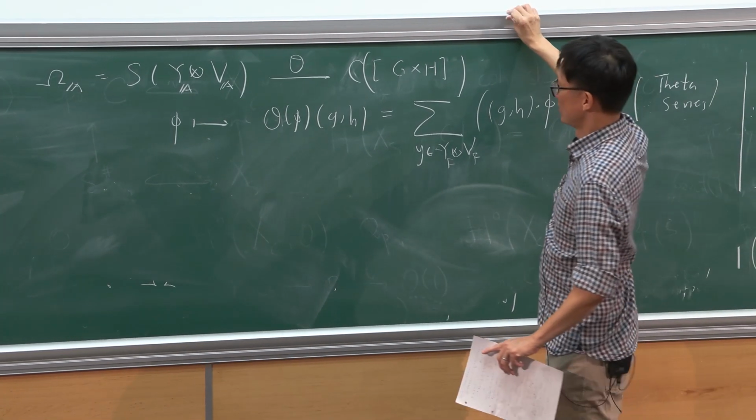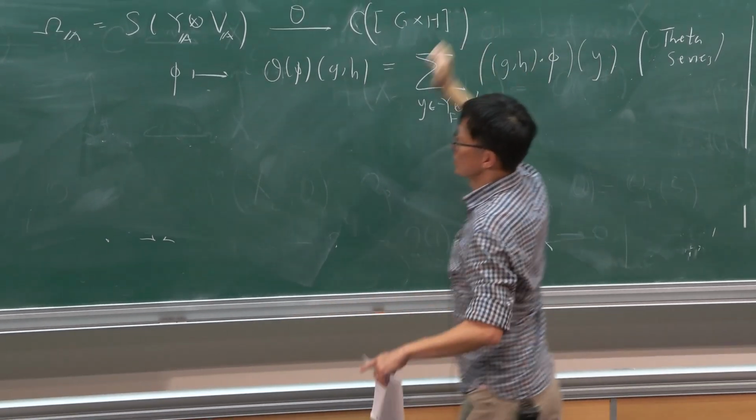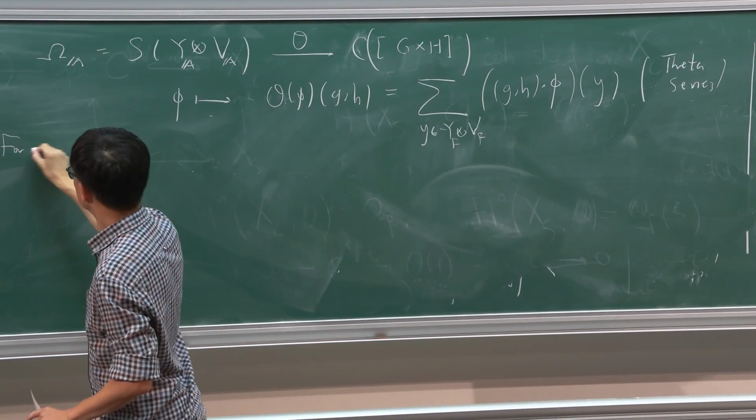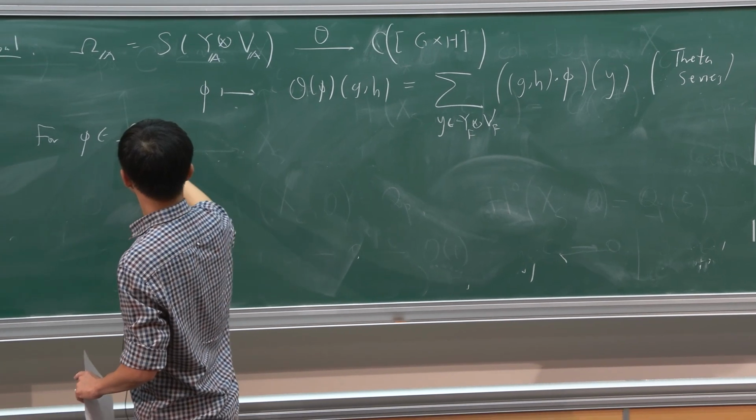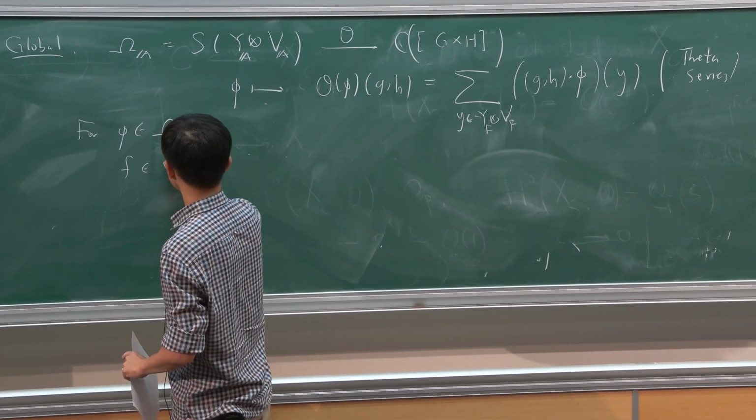So now you can use this as a kernel, right? Here you have cusp forms in some sigma.